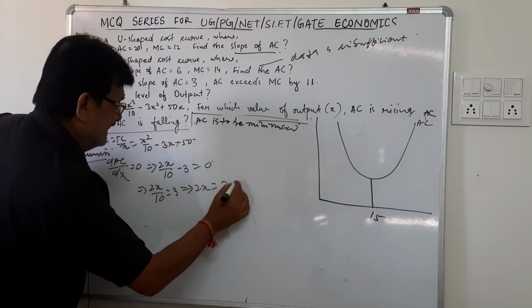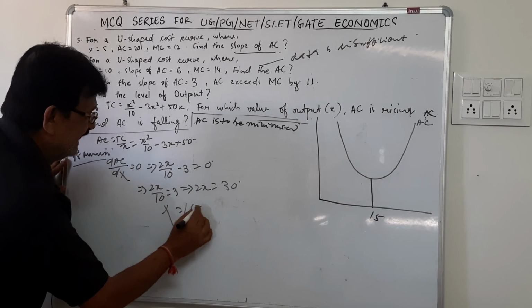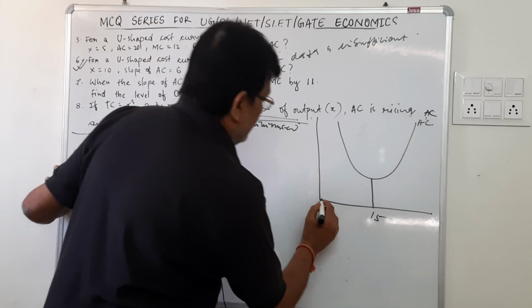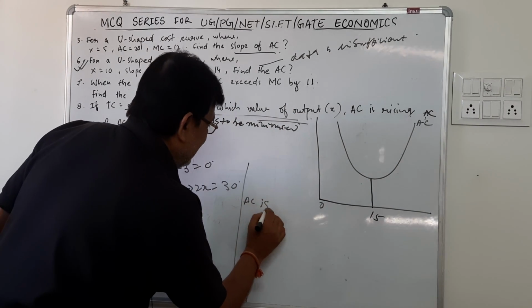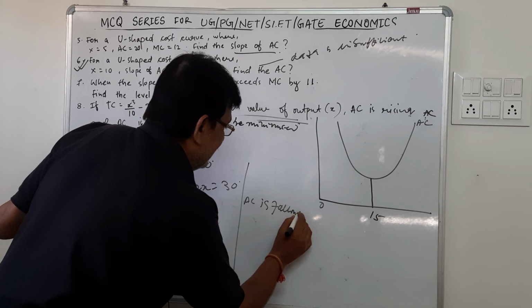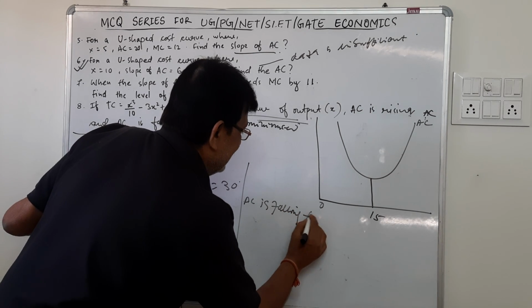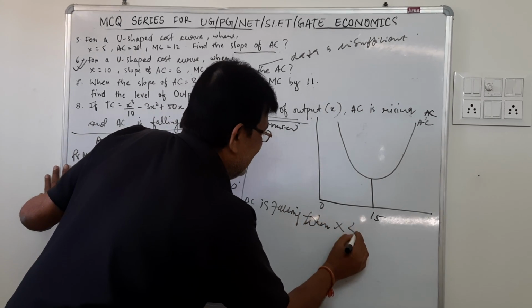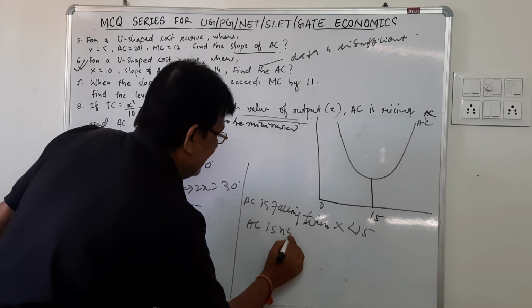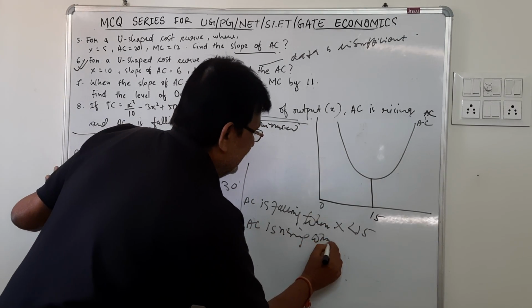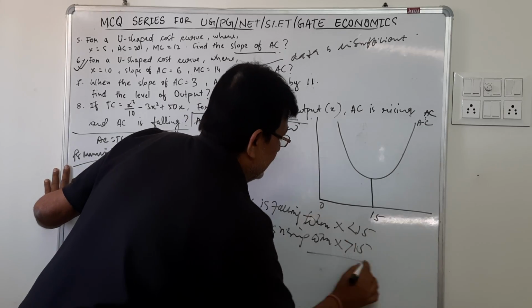So 2X is 30 and X is 15. Yes, so X is 15. So our answer would be that AC is falling when X is less than 15, and AC is rising when X is greater than 15.